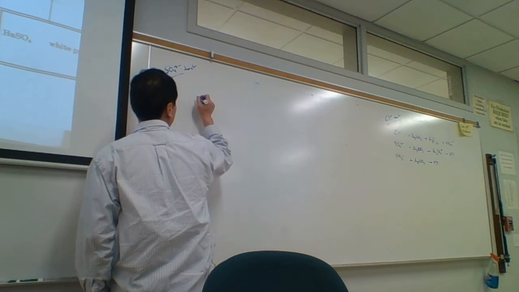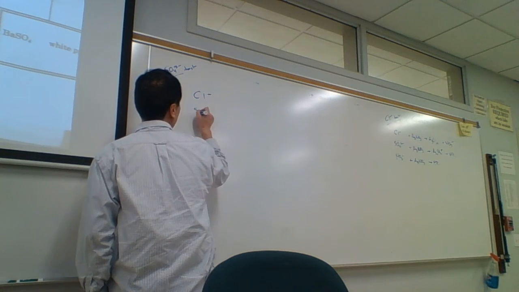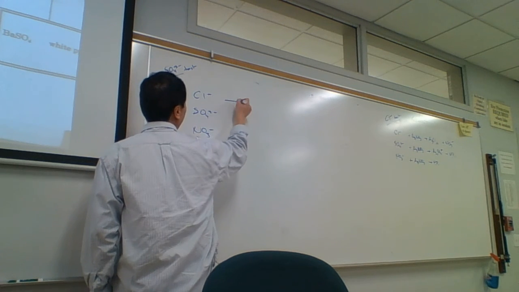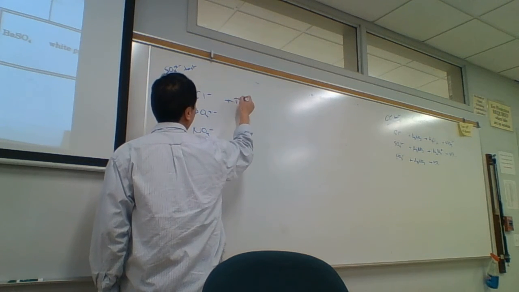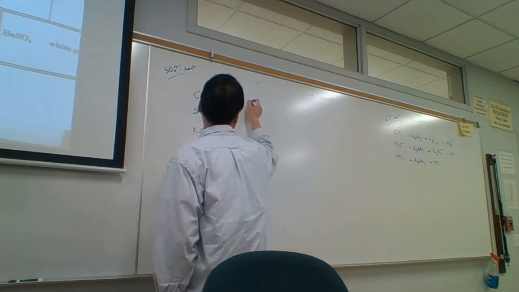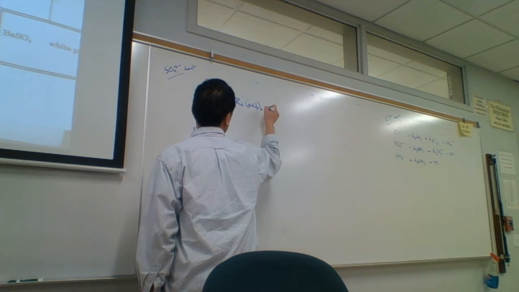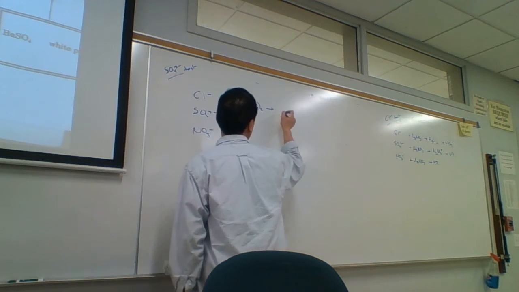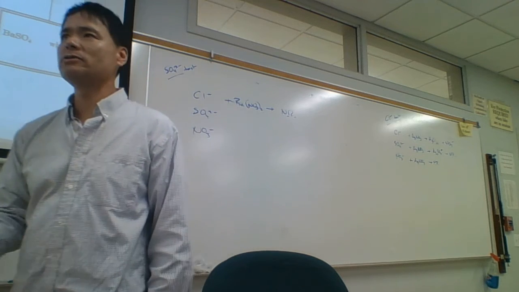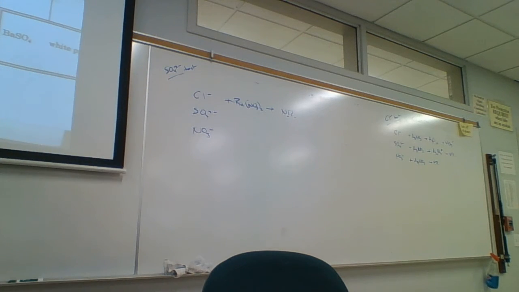Well, in the sulfate test, we're going to have chloride present, sulfate present, and nitrate present. And then what we're going to do is add barium nitrate. We add barium nitrate here, we get no reaction. You know, barium chloride's soluble. It's not going to precipitate. There's no gas. There's no stronger acid to weaker acid.